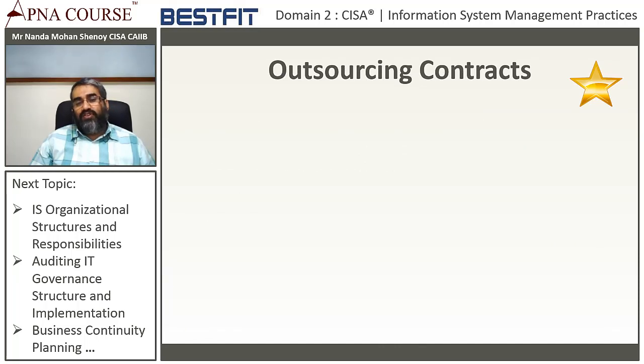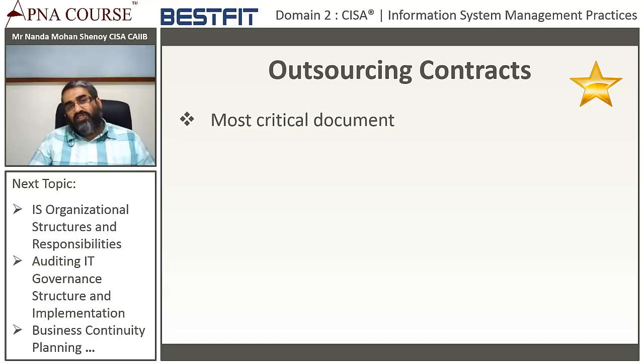Now, outsourcing contracts. The moment one starts to outsource, what are the things we need to understand? As part of a CISA assignment of IS audit, if the scope shows that some process or activity is outsourced, typically, the specialized areas we have seen in India are NOC and SOC.